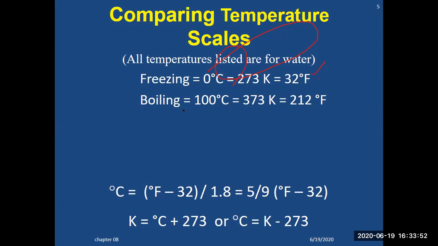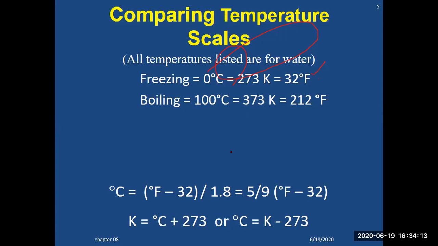But what about the boiling point? Basically, this is the lower freezing point, the lower fixed point. This one is the upper fixed point. Here, it's 100 degrees Celsius, the boiling point of water. In Kelvin, it's 373 K. And in case of Fahrenheit, it's 212 Fahrenheit.